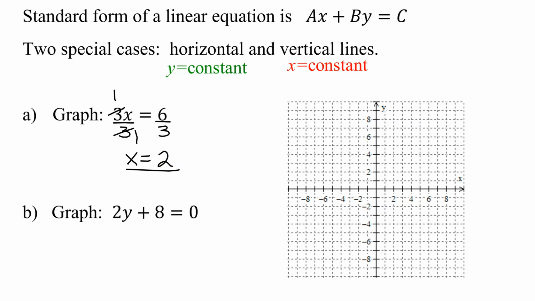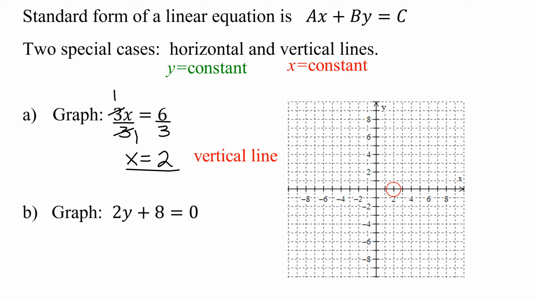And what kind of line is that going to be? If it's x equals a constant, this is going to be a vertical line. So I need to draw a vertical line where x equals 2. That means for every point where x equals 2, y can be anything I want.